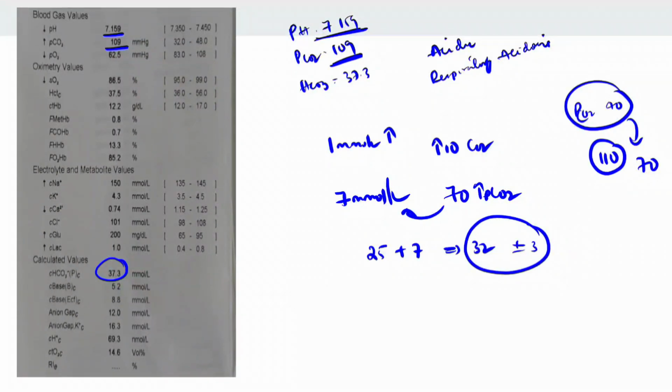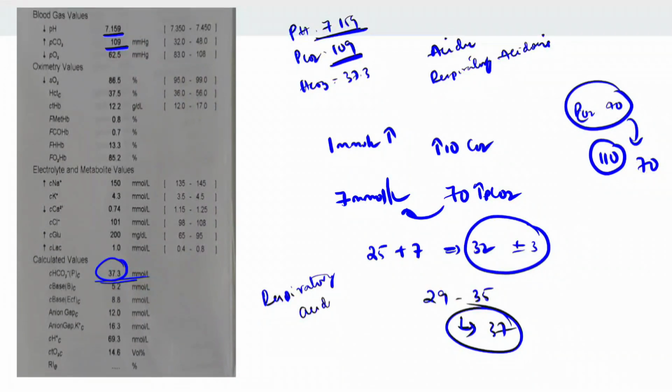So we get 29 to 35. It is very close to the 37 we have here. So finally it is respiratory acidosis with compensatory metabolic alkalosis.